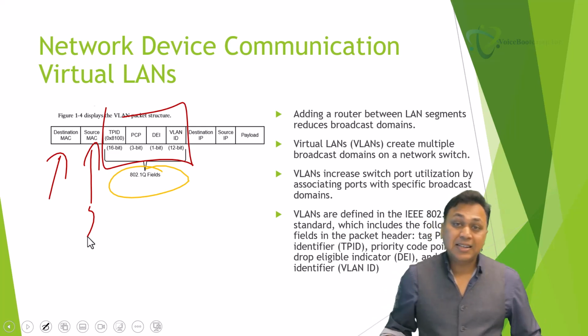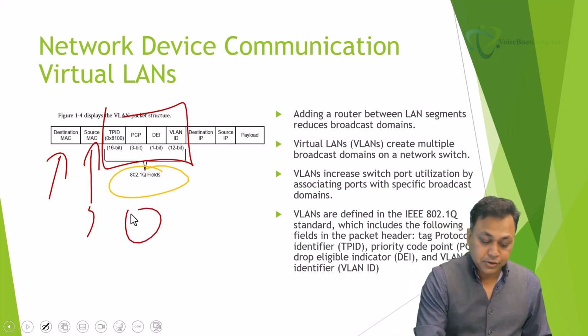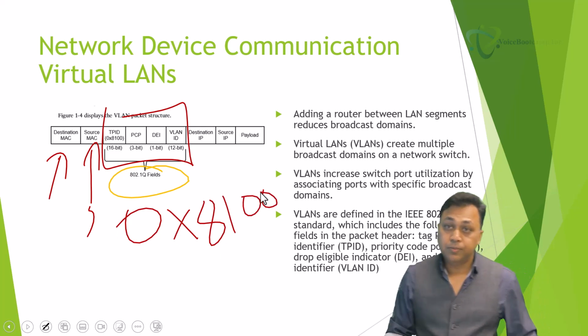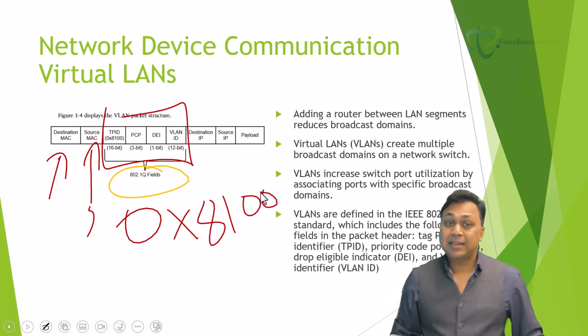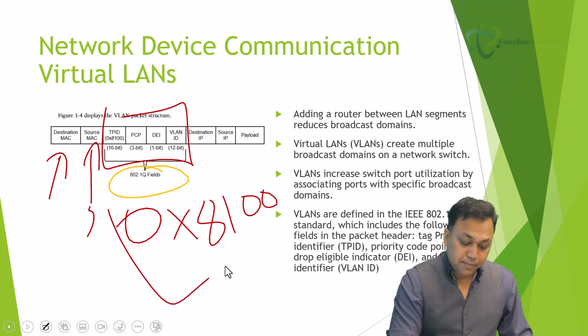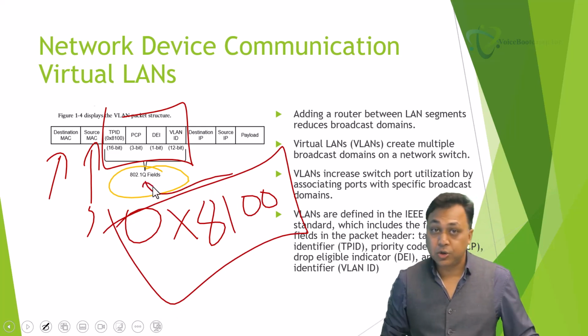The TPID is a 16-bit field that is set to 0x8100, which identifies the packet as an 802.1Q packet. So when you see a packet with this label, that means it is an 802.1Q packet.